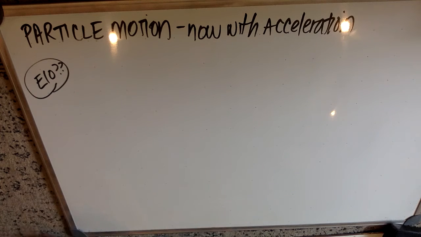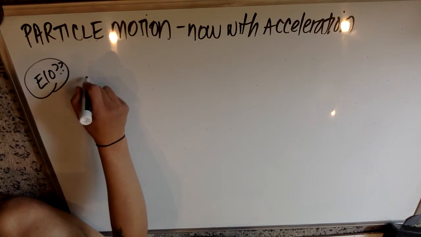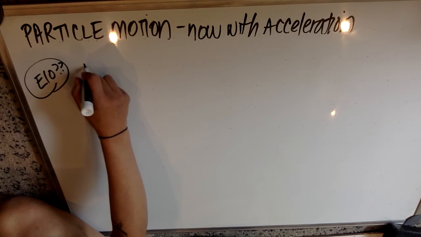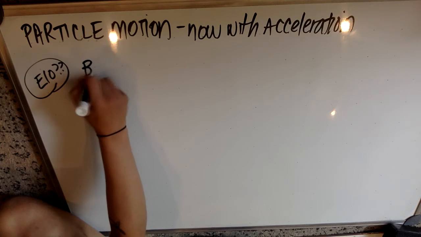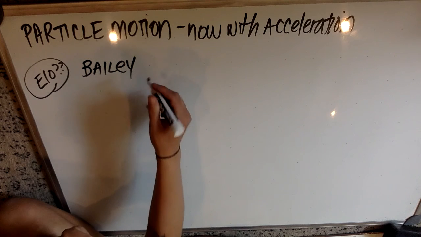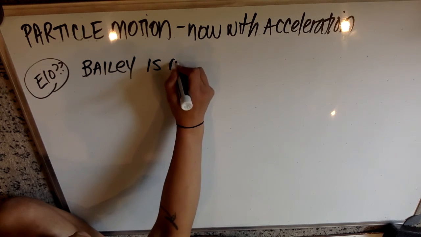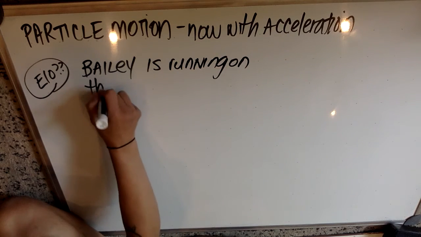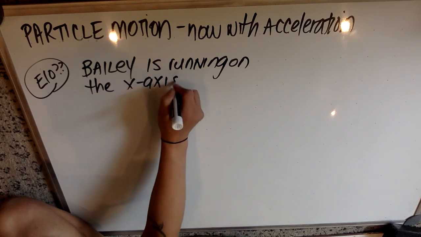Let's say that the position of some particle on the x-axis, so Bailey is my dog. He's sleeping right behind me right now. He's not actually running anywhere. So Bailey is running on the x-axis.